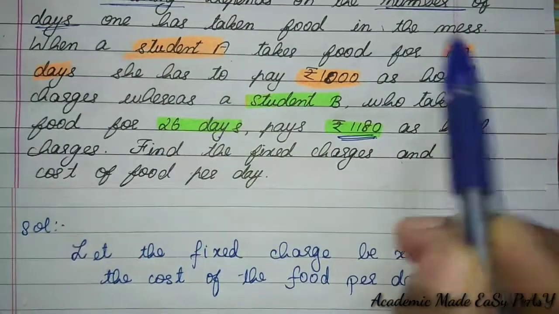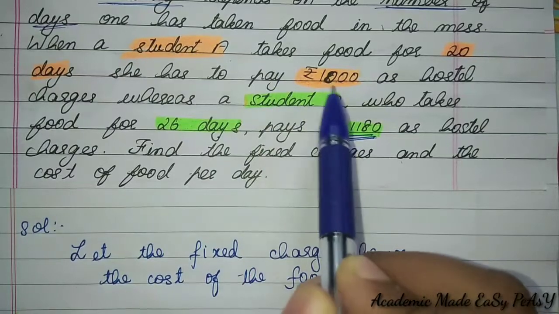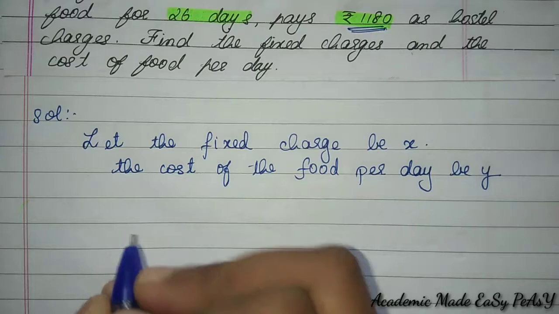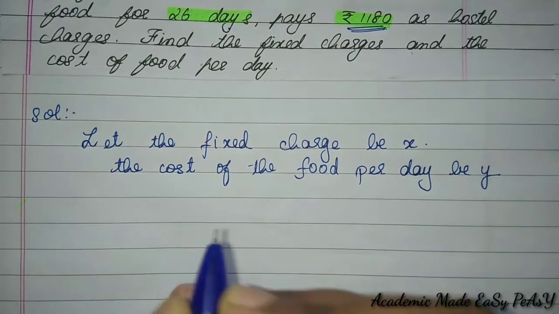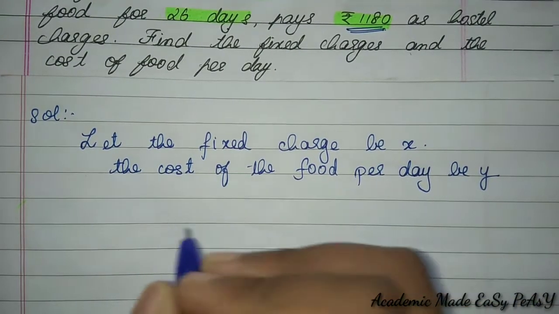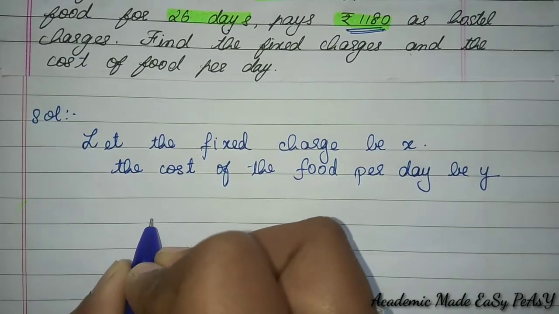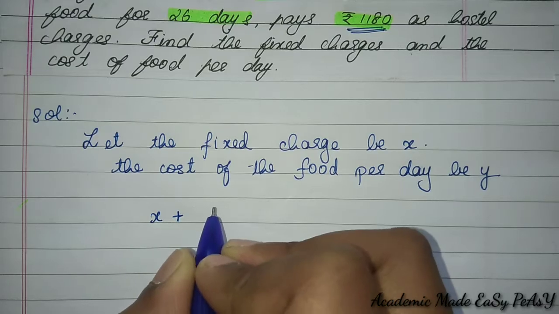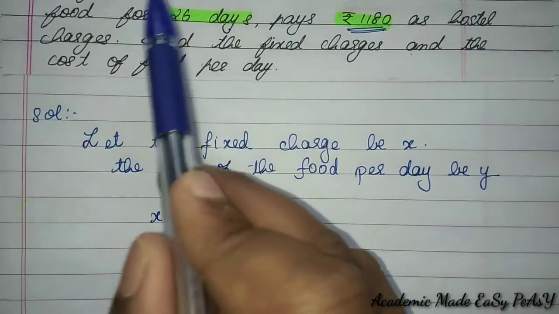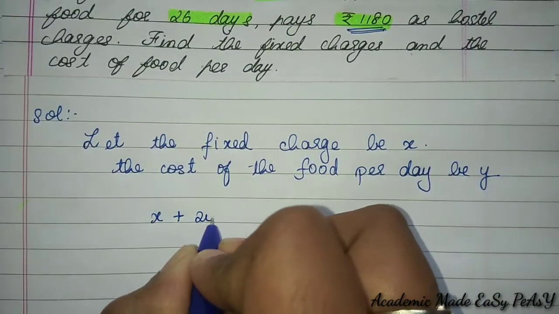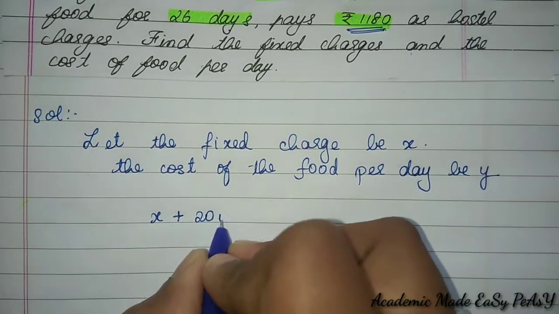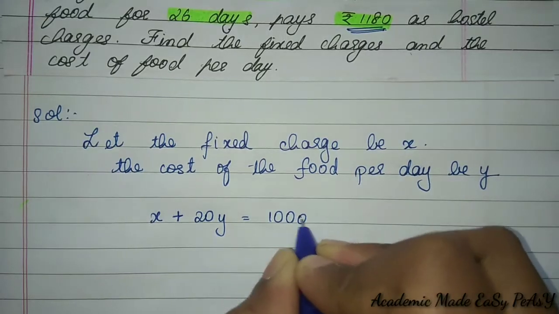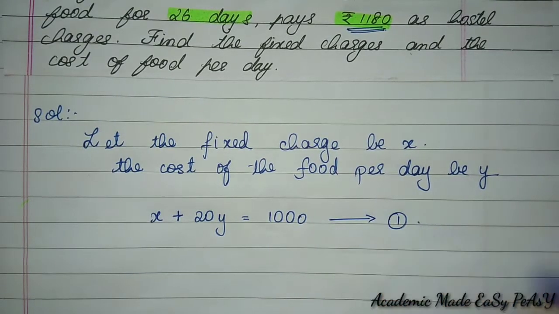Student A takes food for 20 days and pays 1000. In the beginning itself they said hostel fees is equal to fixed charge plus the number of days food taken, so let me have X as the fixed charge. So X plus, and how many days has the student taken? 20 days. So 20 times the cost per day Y is equal to rupees 1000. Let this be equation 1.